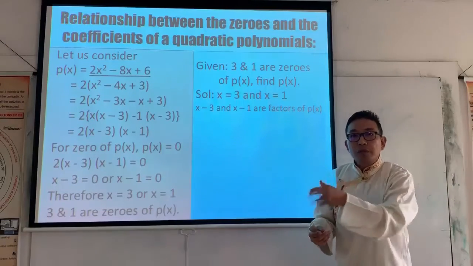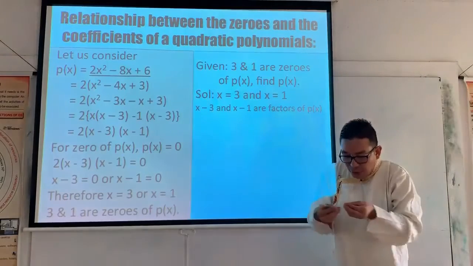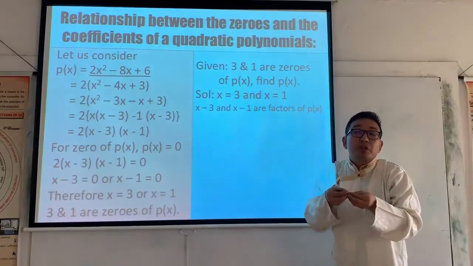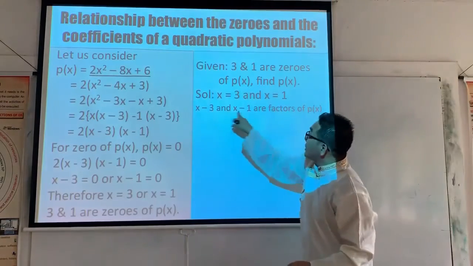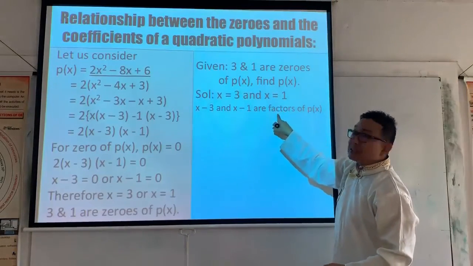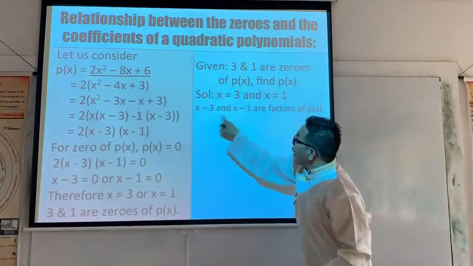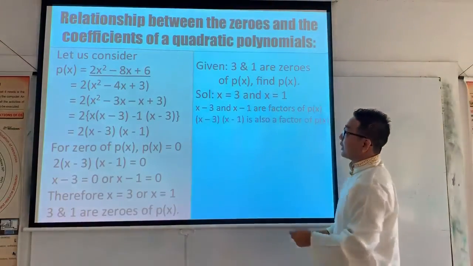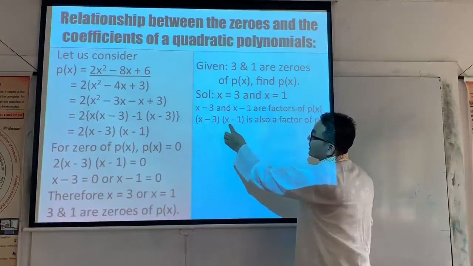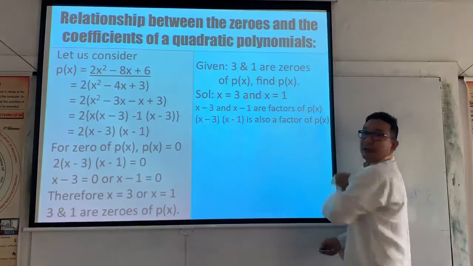3 times 4 is 12, so 12 is also a factor. So x minus 3 times x minus 1 is also a factor of p of x.